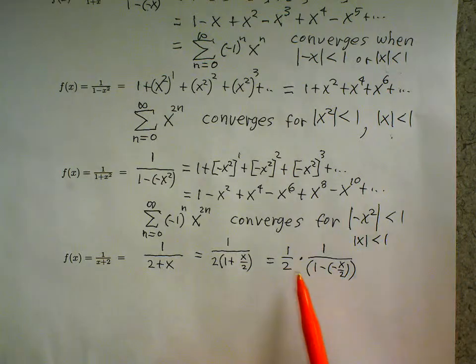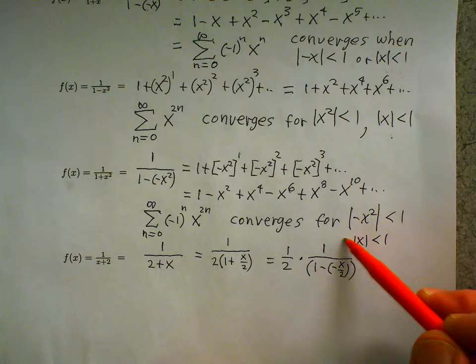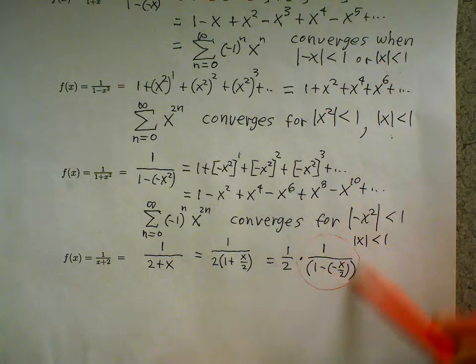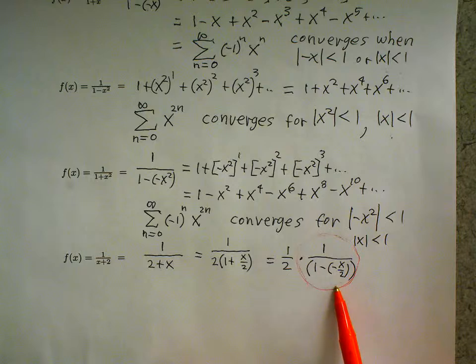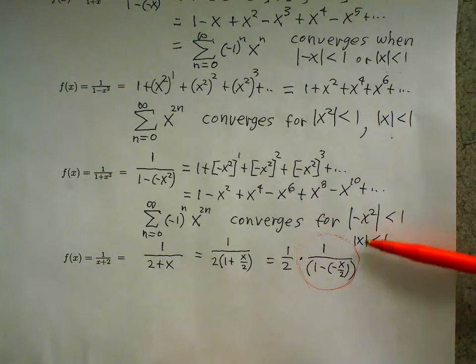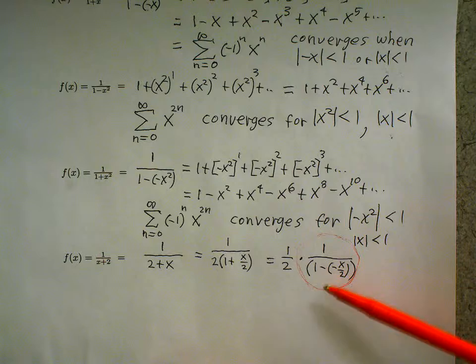So we'll retain the factor of 1/2, but then we'll apply the same formula that we used above to get a power series representation for 1 over 1 minus negative x over 2.